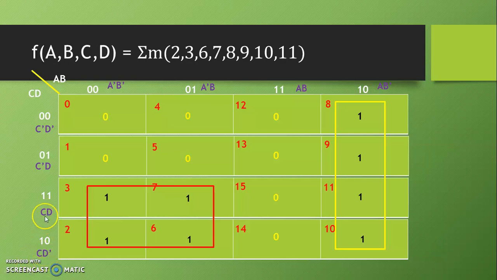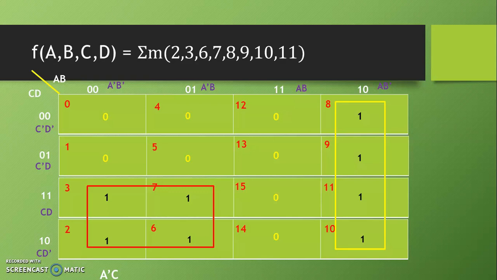The C remains common. We have to write the C. But D variable, that is D to D bar, it is shifting from D to D bar, so that we have to eliminate. So we can write a product term for this quad, and that is A bar C. B and D variables we have eliminated.